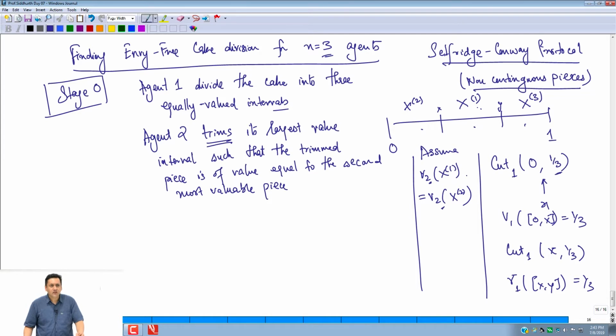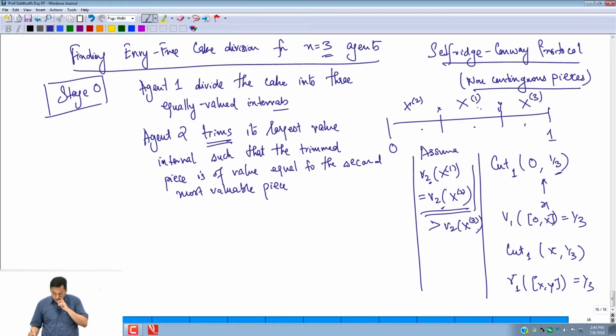Excellent. Now my point is that using this property I can actually argue that agent 2, so I'm now going in reverse order, agent 1 made the cut, agent 2 had this property, now agent 3 were to pick. My claim is that if this were to hold true, agent 2 will also achieve NV freeness. Why? There are 2 pieces that are of equal value and they are greater than the third thing.